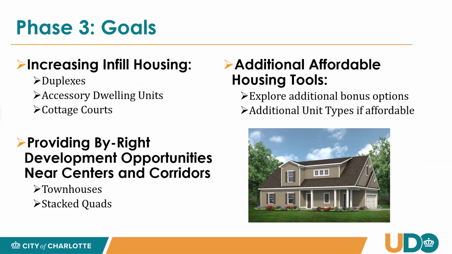This bottom right here is a cottage court that someone sent me from a national builder. And I think that's an interesting unit and product type. So we'll really be focusing on that as well and how we can get that really wide spectrum of unit types. And then next slide.